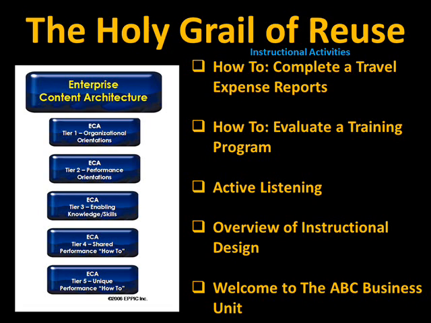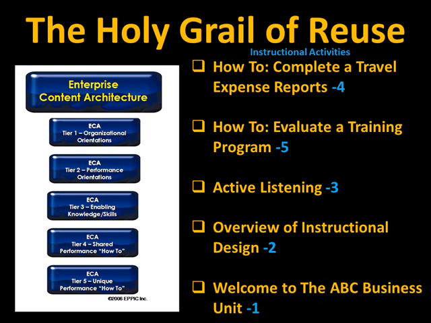How to evaluate a training program, however, is quite unique to some jobs, and that's not shareable. So is where the first how-to would be in Tier 4, shareable performance how-tos. The how to evaluate a training program might be unique to one job, and therefore it would reside in Tier 5, a unique performance how-to.